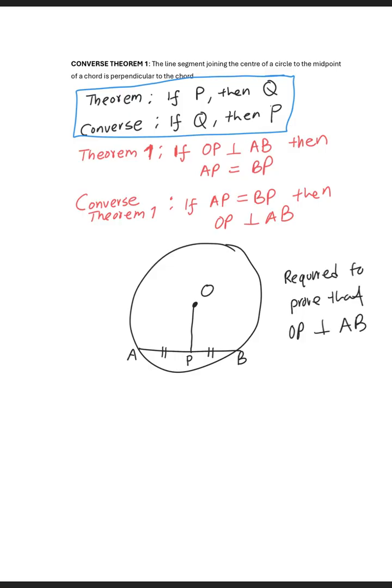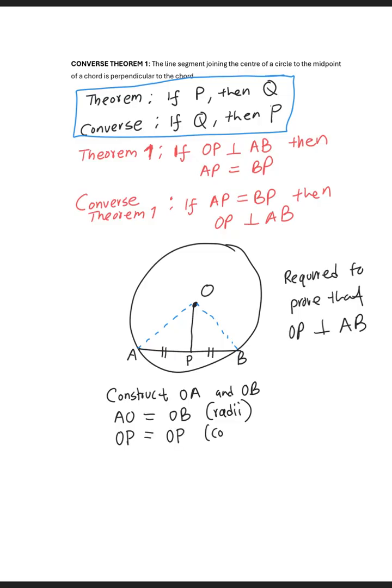So the same thing, we're going to do construction. The first step is to construct OA and OB. When we do that, we do the same reasoning. We say AO is equal to OB, reason: radii. Then OP is equal to OP, reason: common side for both.